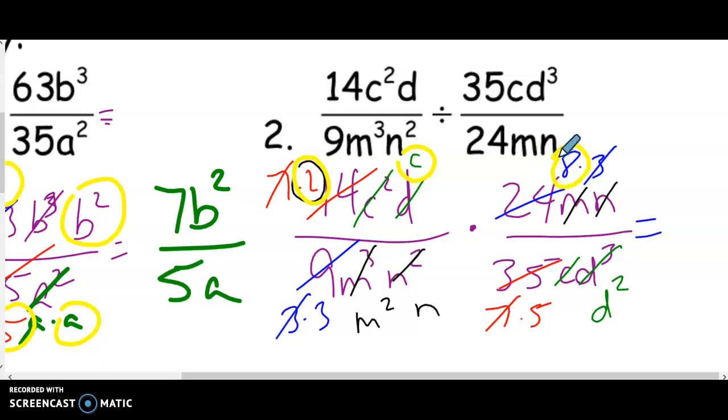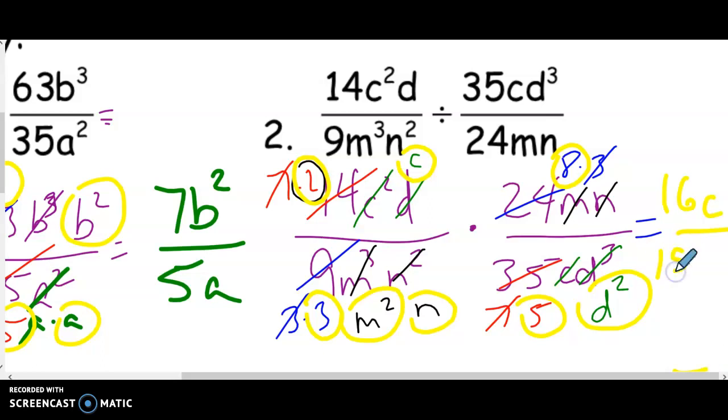So my numerator appears to be 2 times 8, 16, C. My denominator, I have a 3, M squared remaining, an N remaining of 5, and a D squared. It looks like my denominator is going to be 3 times 5, 15. My variables are M squared and D squared.